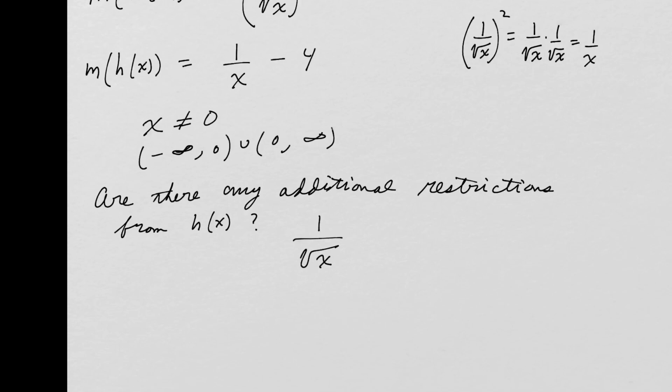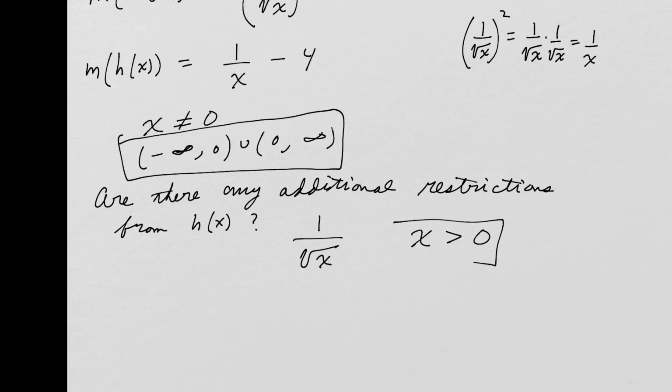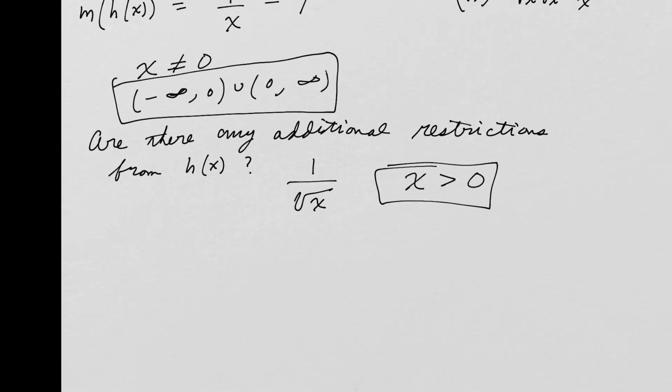Remember, that's h. Since I can't divide by 0, and I'm also taking the square root, this is saying that x must be greater than 0. So now I want to put these together with any additional restrictions, and you're going to find that the domain, think of it as where these two would overlap, is going to be just from 0 to infinity.